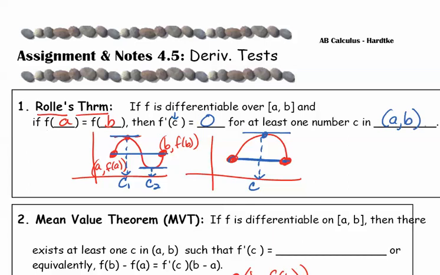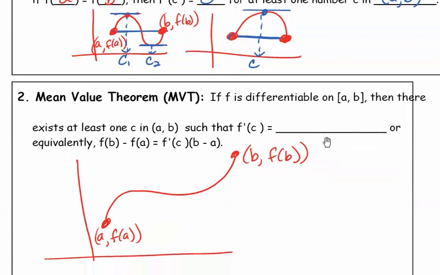And then we said, well, what if we just tipped our vision a little bit here? And what if the two endpoints weren't horizontally across from each other? So our secant line now is at some different slope, but wouldn't the same thing still be true?